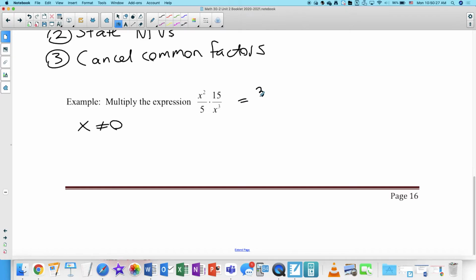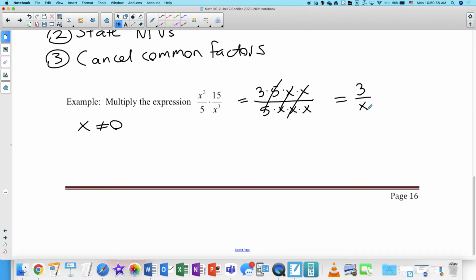So 15 is 3 times 5, and x squared is x times x over 5 times x times x times x, right? And now you can see every single individual factor. So I can cancel a pair of 5s, pair of x's, another pair of x's. And what we're left with in the numerator is 3, and in the denominator is x.